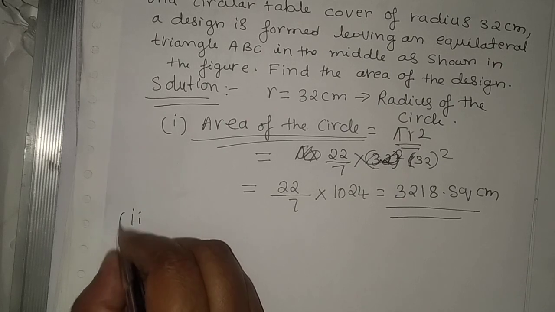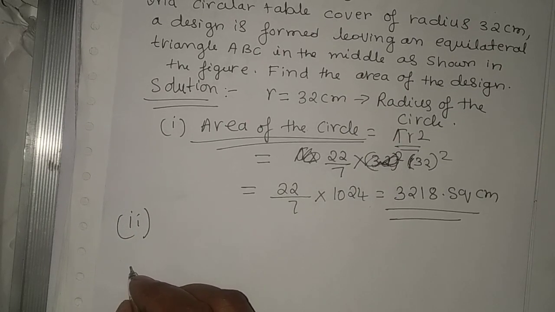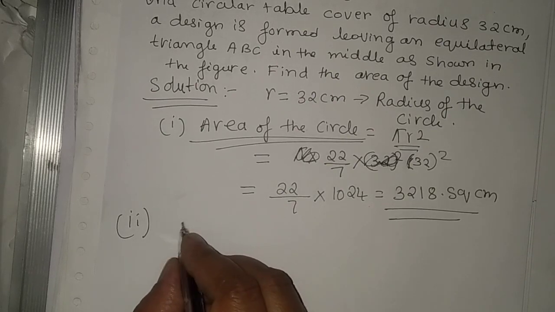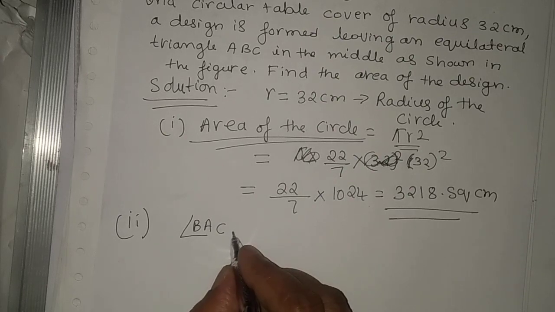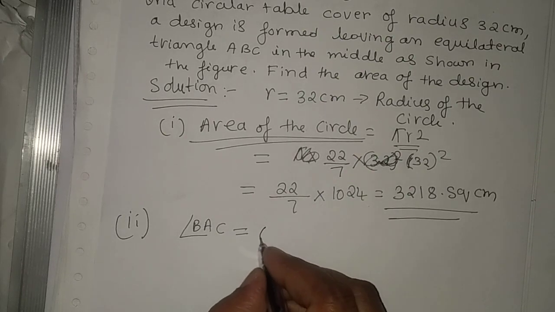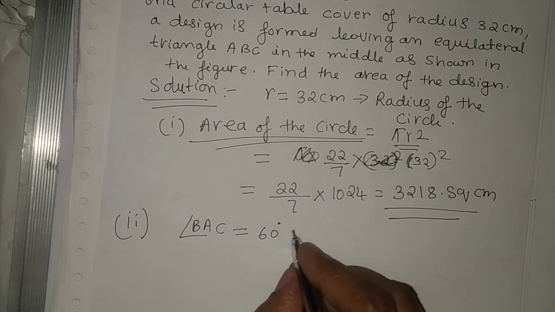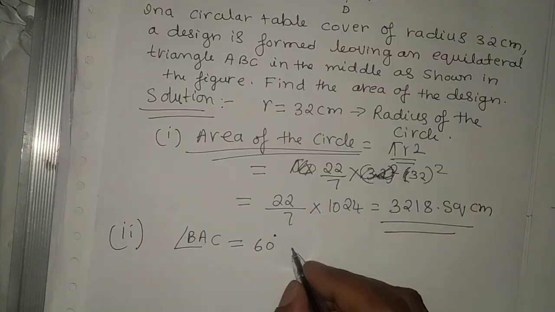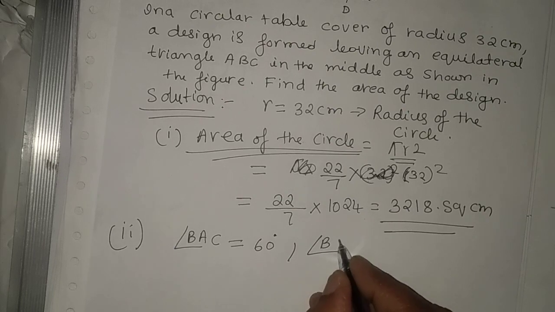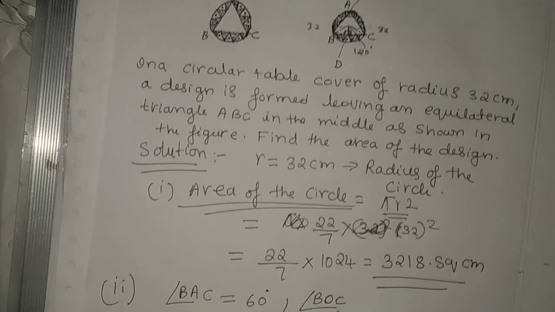So the second part is, as I told, angle BAC, the angle of the triangle inside the circle. It's an equilateral triangle, therefore angle BAC is 60 degrees. Then angle BOC.